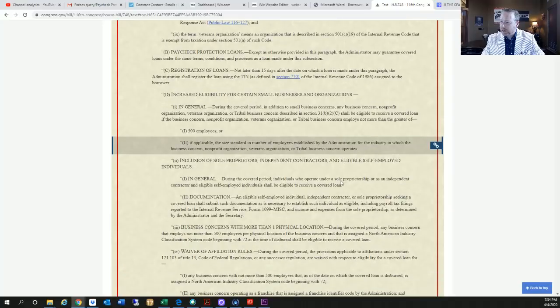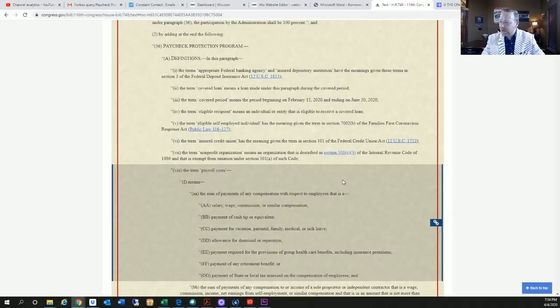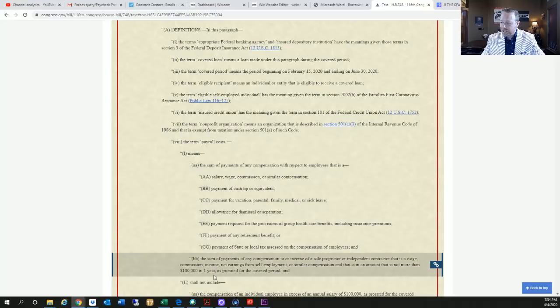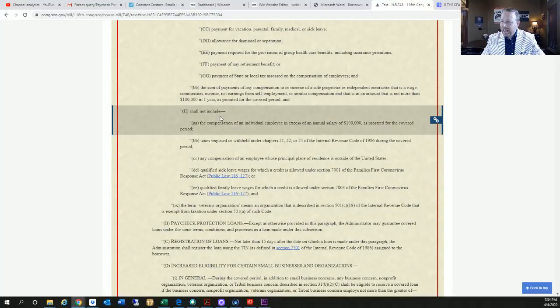But then when we're talking about what is the definition of payroll costs, okay, that's what that section is dealing with. And F in the guidance from the SBA is covering this section. That is F, okay? And actually even including this down here. That is F, okay? And then G in the guidance, okay? Not G here, but G in the guidance is covering this area, okay?